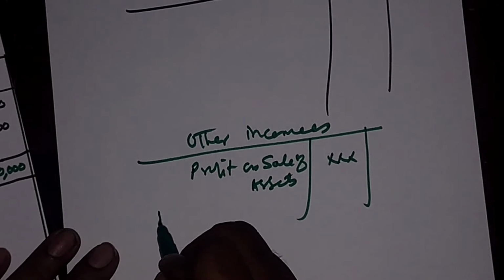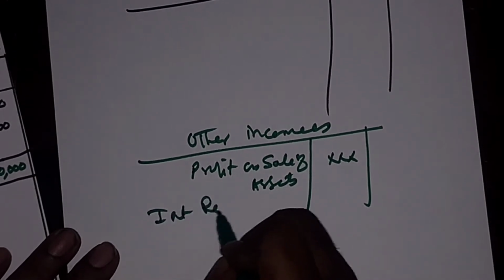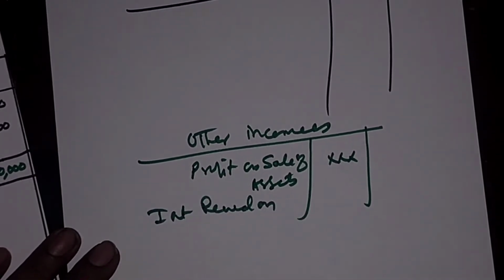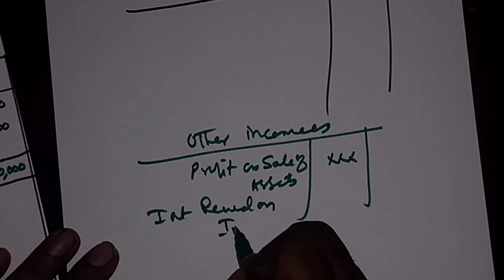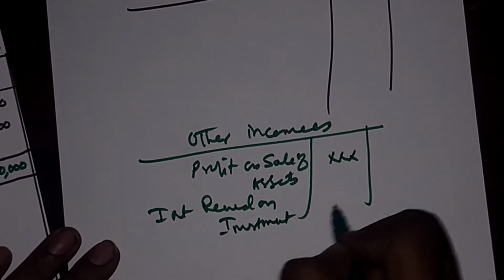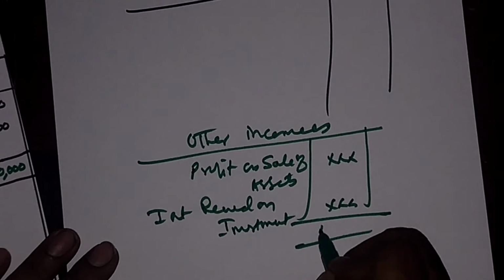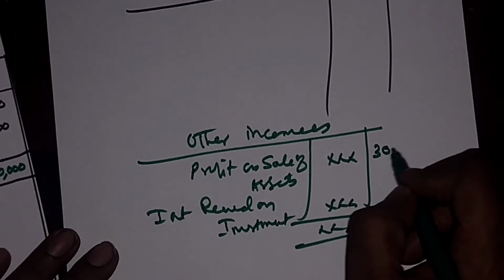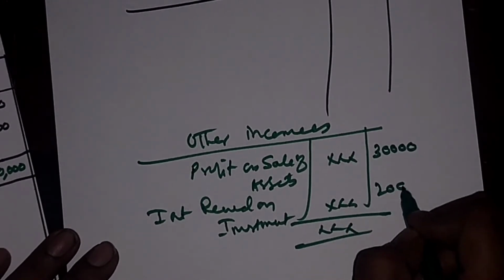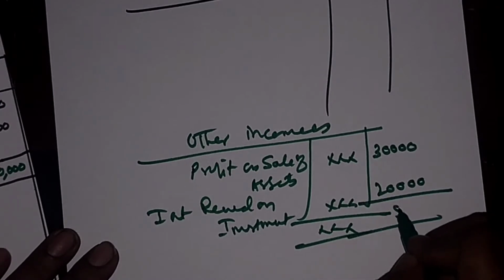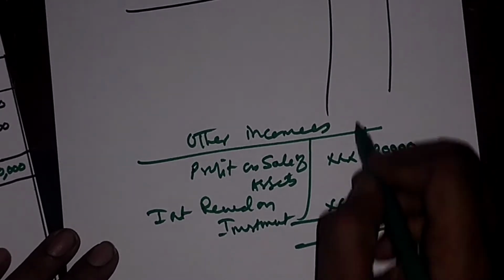Next one is the interest received on investments, like that. I should add it and bring it. For example, let me show 30,000 and 20,000, total I get here 50,000.